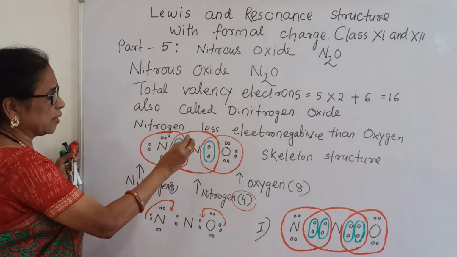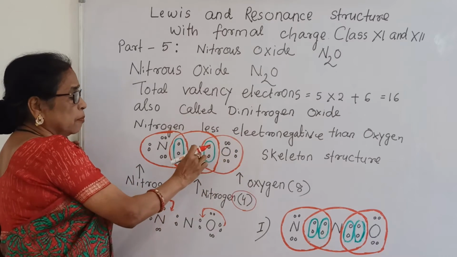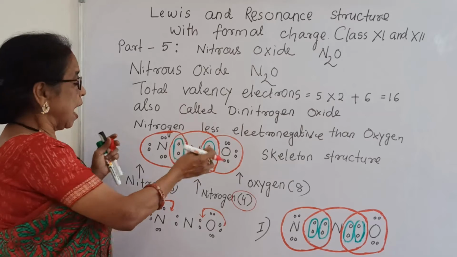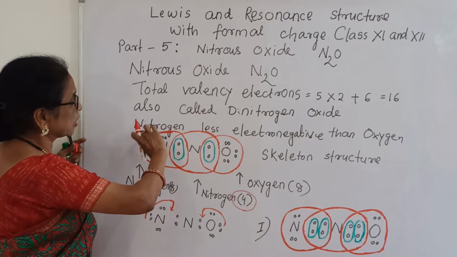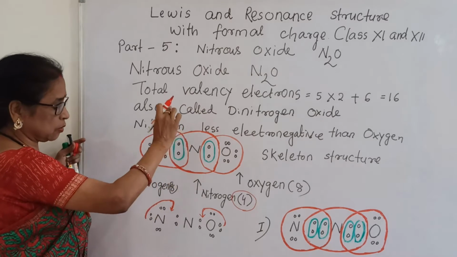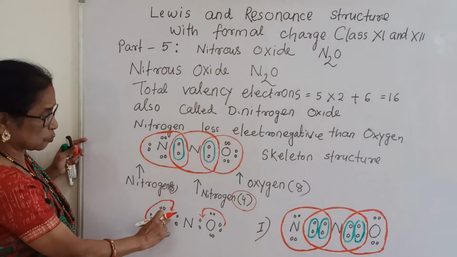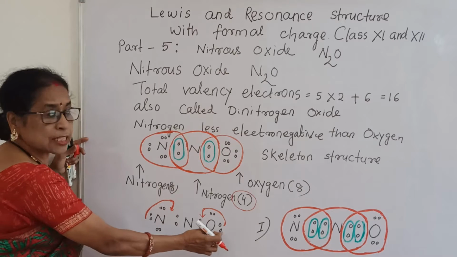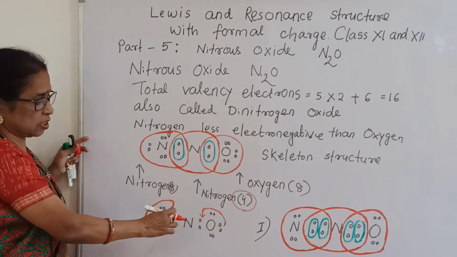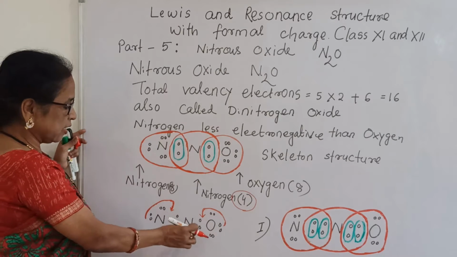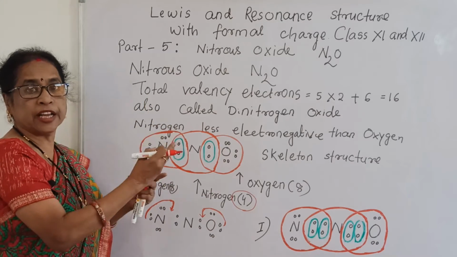Now if I transfer this pair of electrons to the middle of nitrogen and oxygen, and also transfer this pair of electrons to the middle of the 2 nitrogens, then what is the result? The result is that in the middle of nitrogen and oxygen there are 2 pairs of bonding electrons.